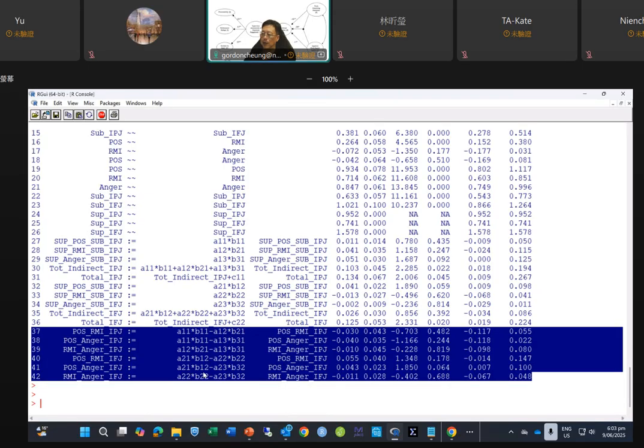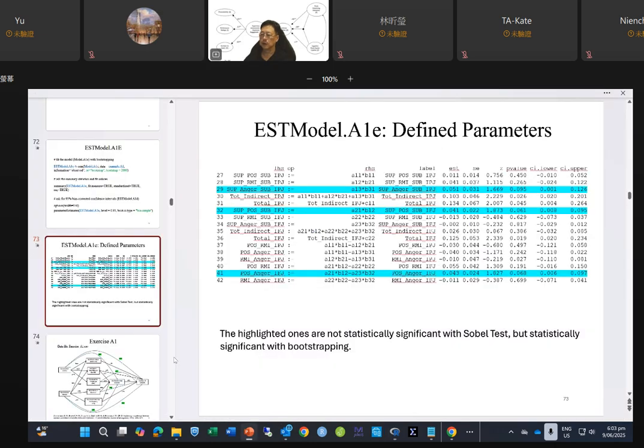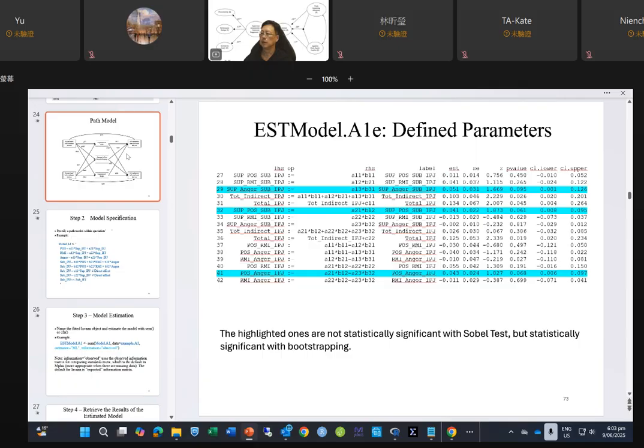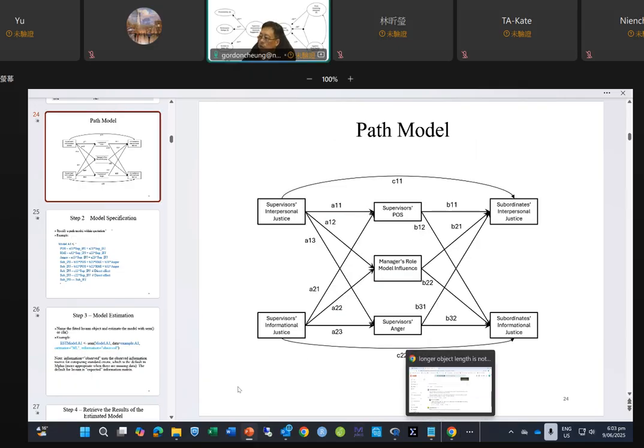That means A21 times B12 minus A23 times B32. So the result shows that A21 times B12 and A23 times B32 are significantly different.